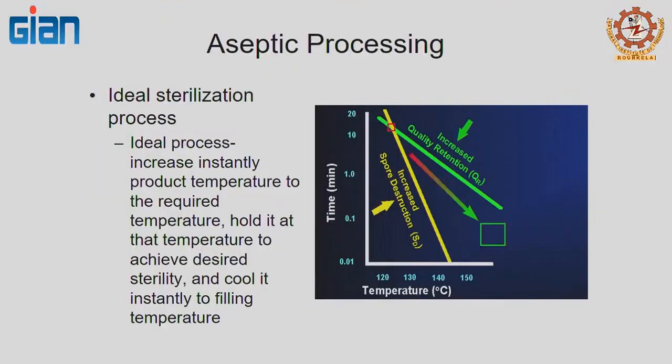So, when you are sterilizing food, that means you inactivate all the vegetative bacteria as well as spore formers. You want to increase the temperature of the product instantaneously, so that you kill the bacteria and the spore forming bacteria without damaging the nutrients.